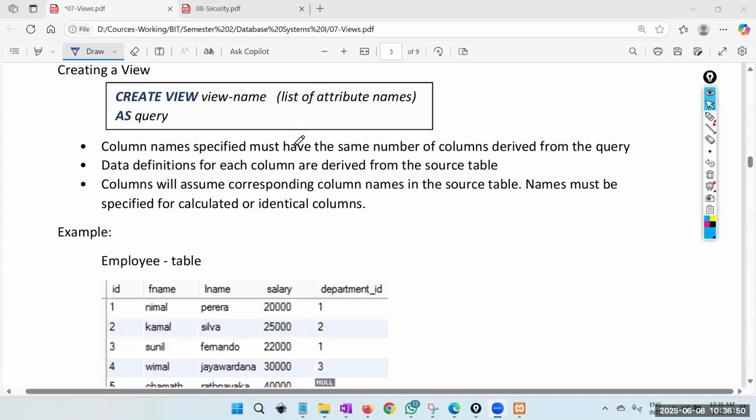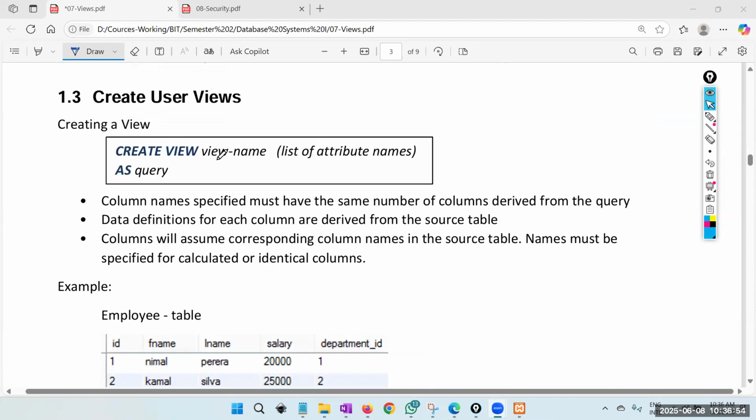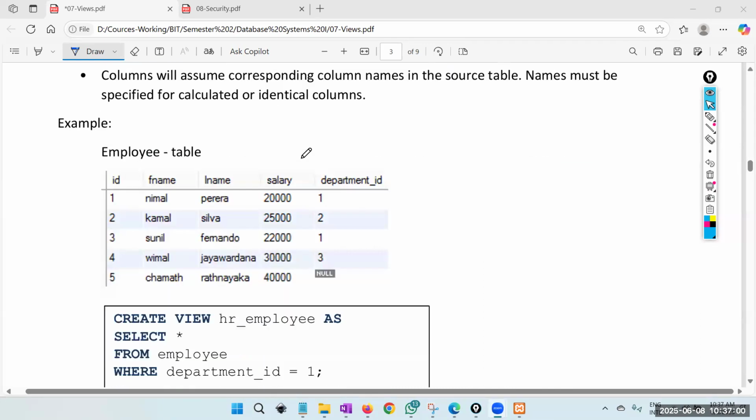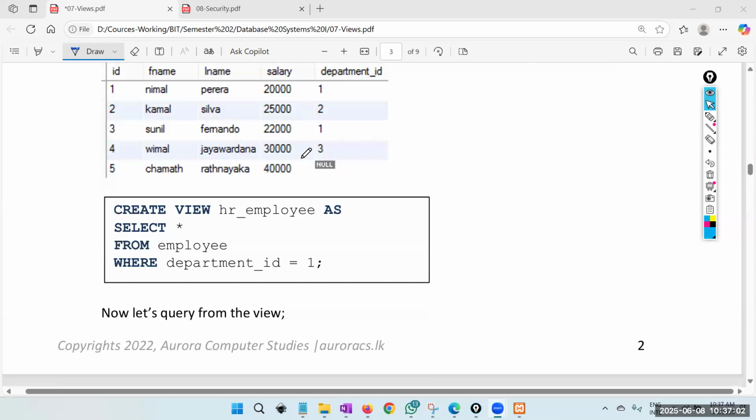So this is how you create a view in SQL. Create view, you give a view name and your query. Simple as that. So let's do it as a practical thing.